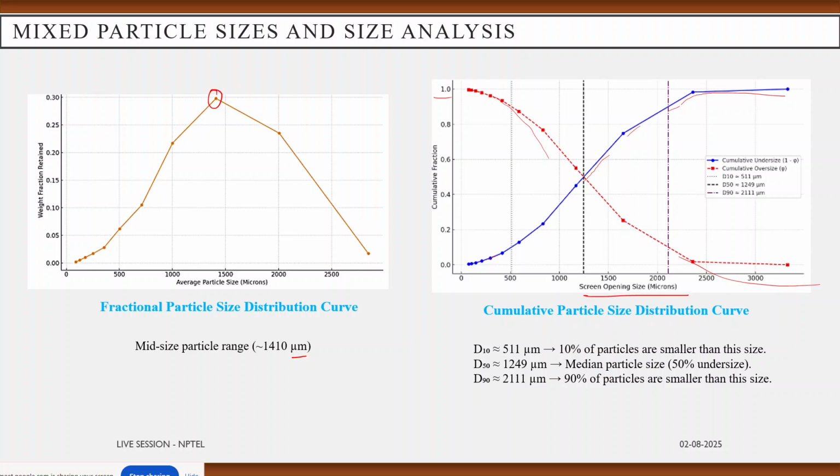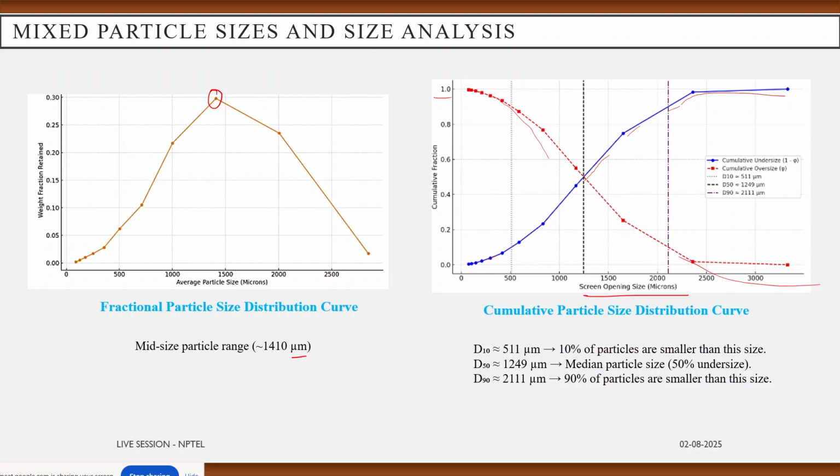Here we want to calculate three factors: D10, D50 and D90. D50 is where the oversize and undersize graphs intersect. That is around 1249 micron.